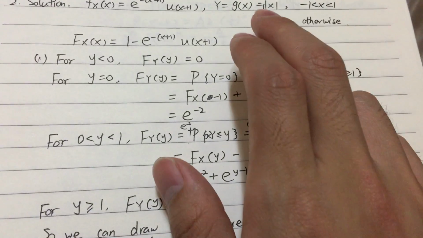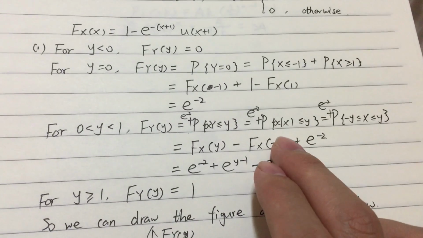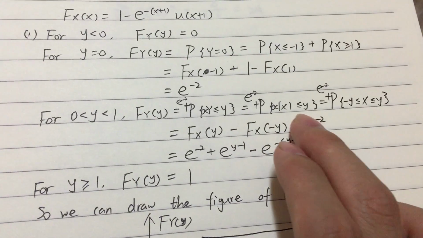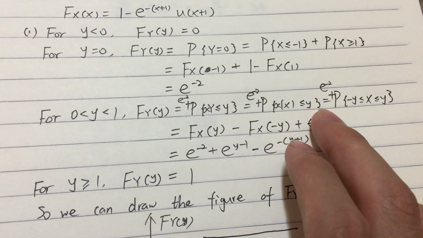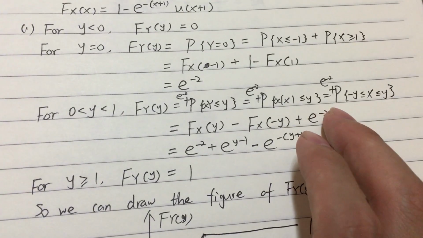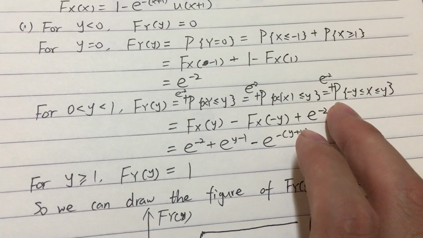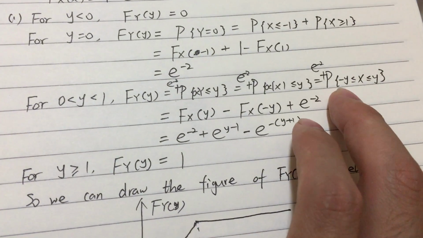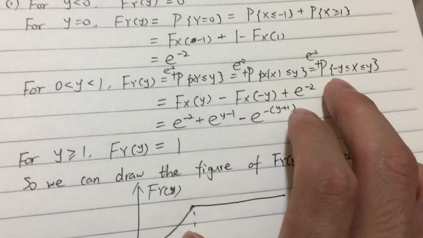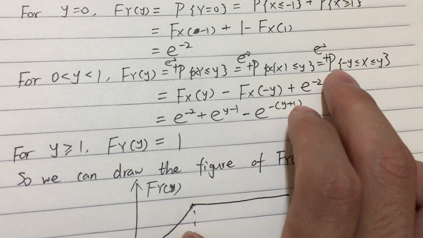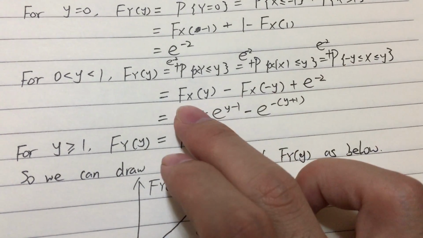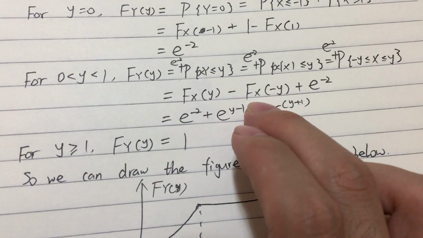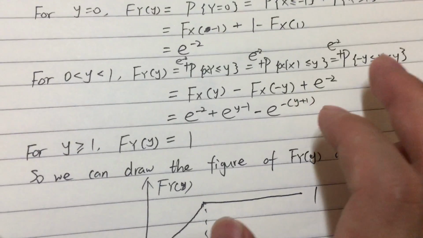We just put the relationship here, so we can get this function, and this is also equal to e^(-2) plus P(x between minus y and y). This probability can be written as big Fx(y) minus big Fx(-y).